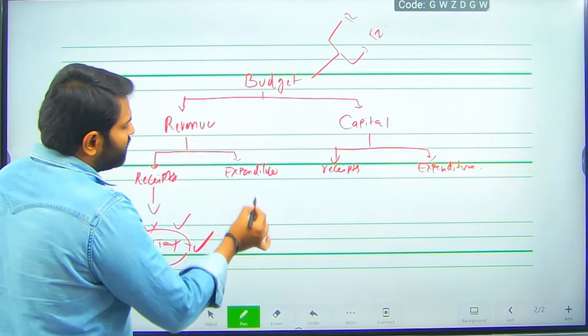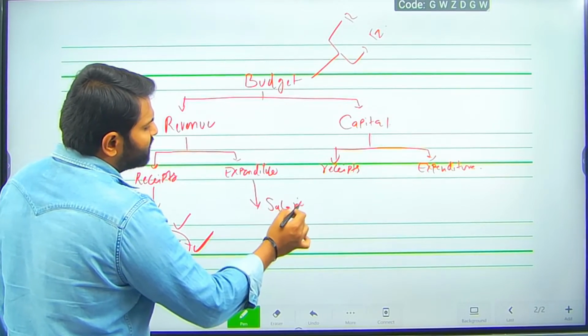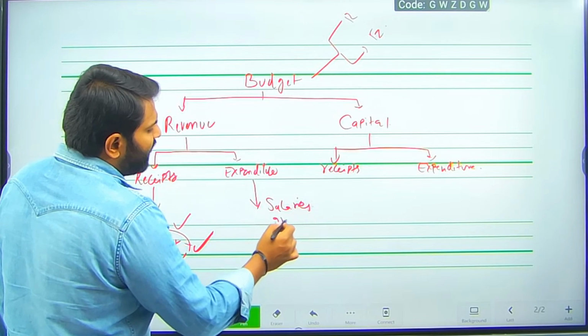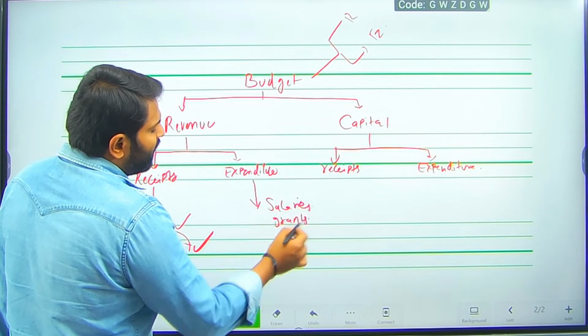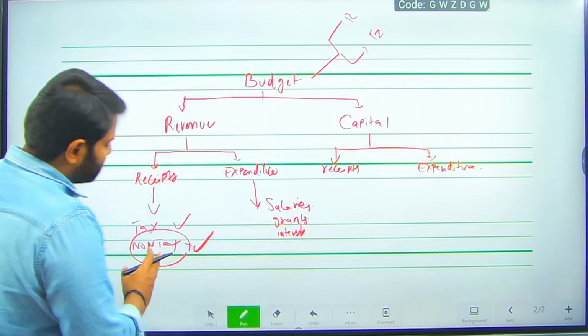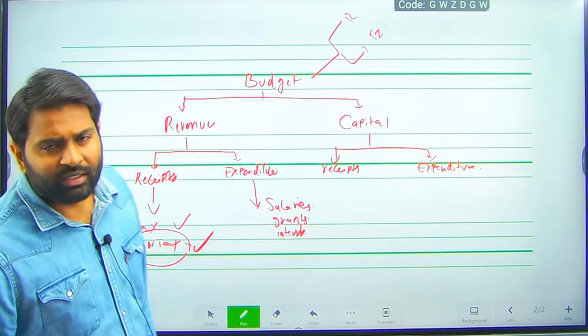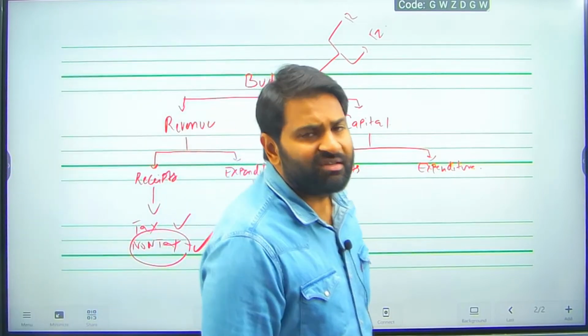And if you take revenue expenditure, normally the salaries paid to the government employees or any grants or interest paid. So if you can see, interest received is here, interest paid is here. For debt servicing, we call it debt servicing.